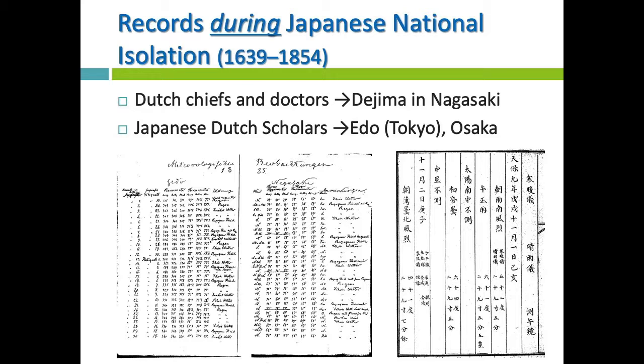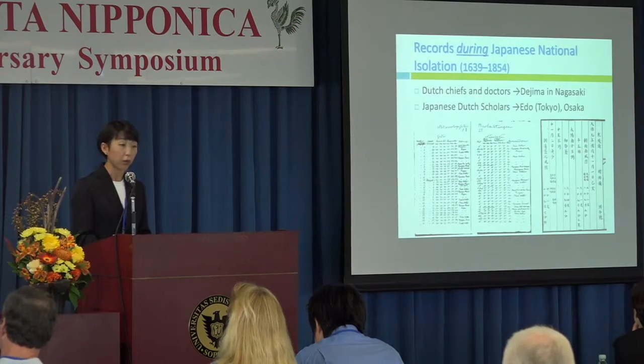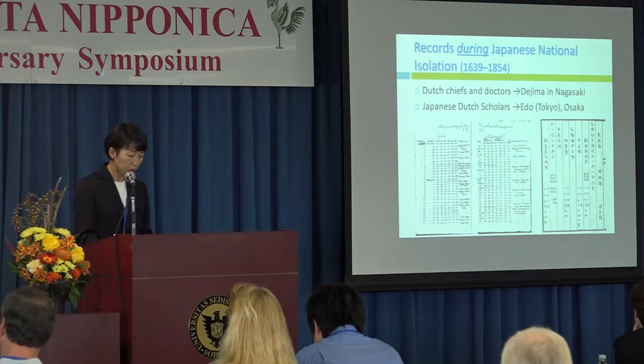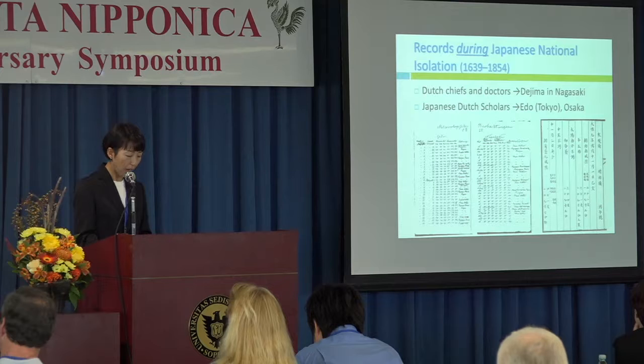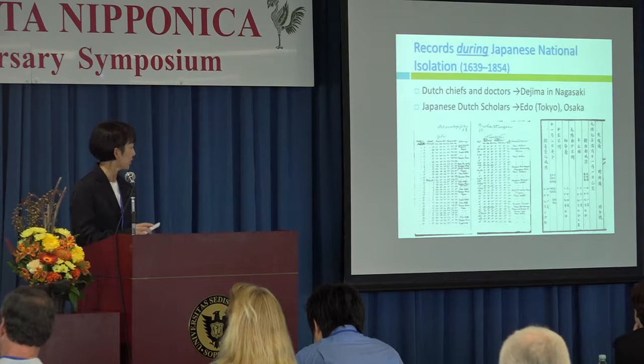The right-hand picture is a daily temperature and pressure record by Japanese astronomers called Tenmon-gata, who were also known as Dutch scholars hired by Tokugawa government to produce calendars.